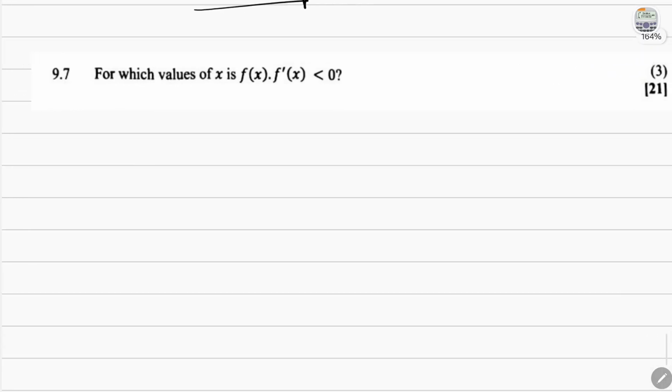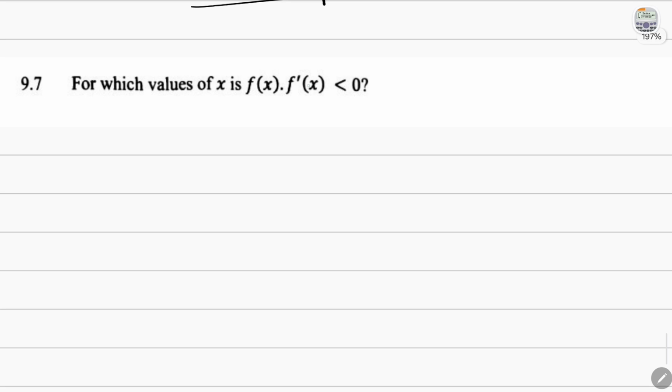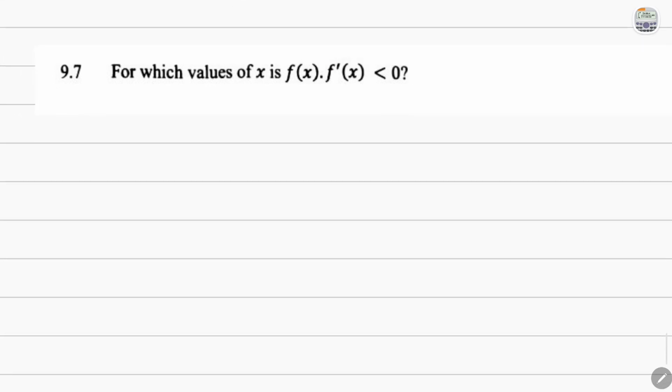Question 9.7 says, for which values of x is f of x multiplied by f prime of x less than 0? So f prime of x stands for the derivative. You can choose to either draw it, but you don't really have to. Here's the thing. F prime of x stands for the gradient of this graph of f. Let's speak about what the gradient can be.